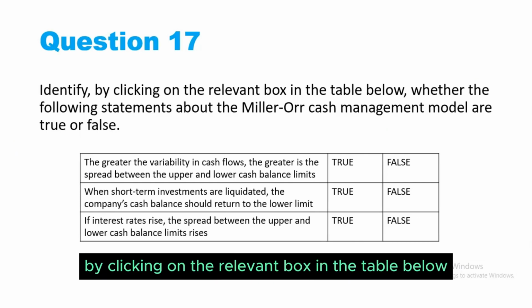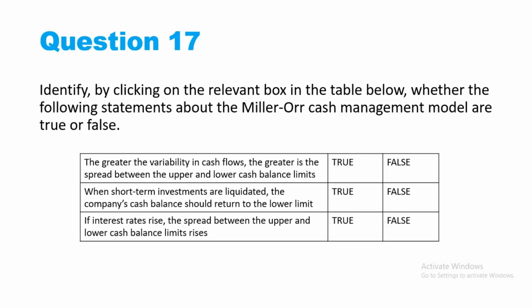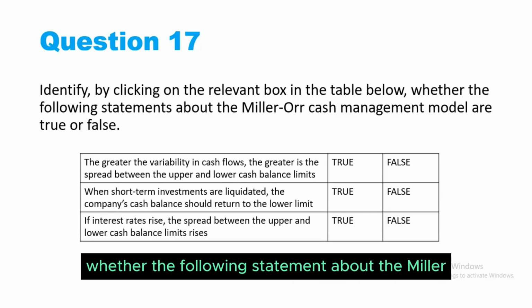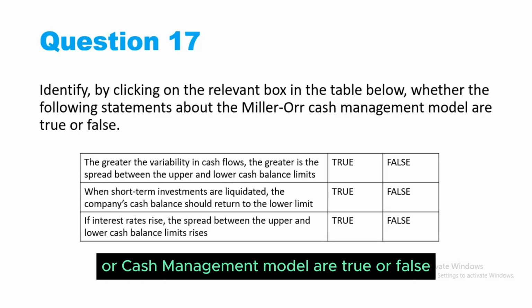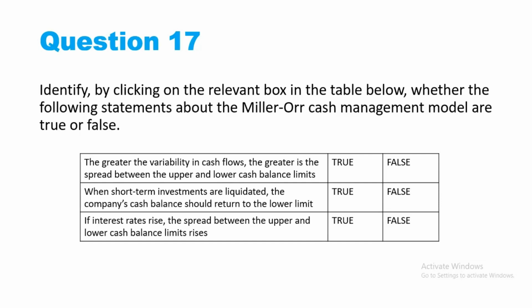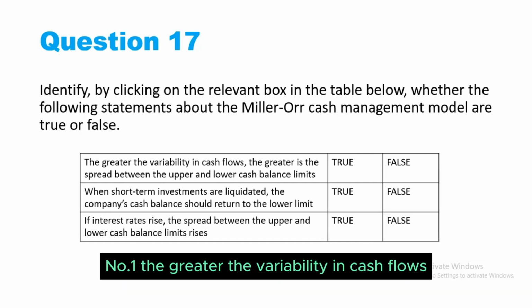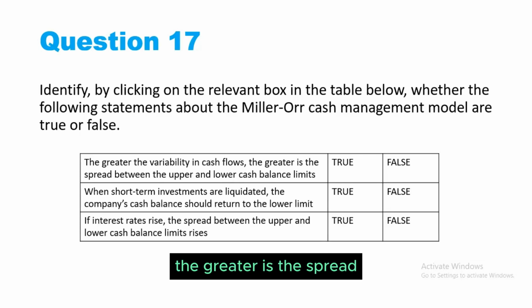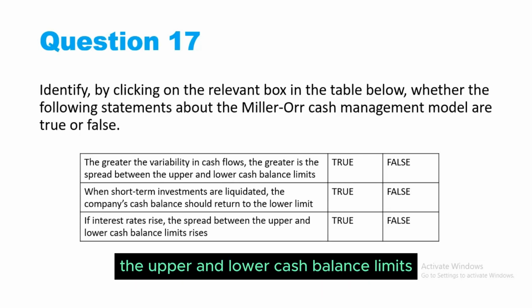Identify by clicking on the relevant box in the table below whether the following statements about the Miller-Orr or cash management model are true or false. Number one, the greater the variability in cash flows, the greater is the spread between the upper and lower cash balance limits.